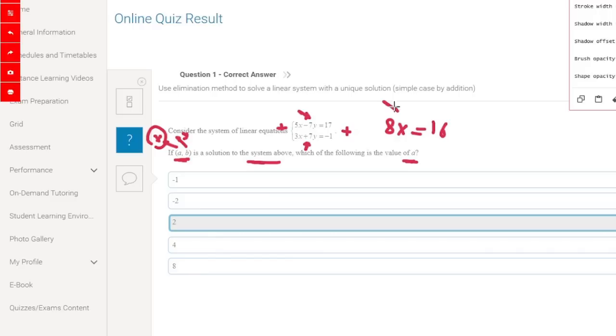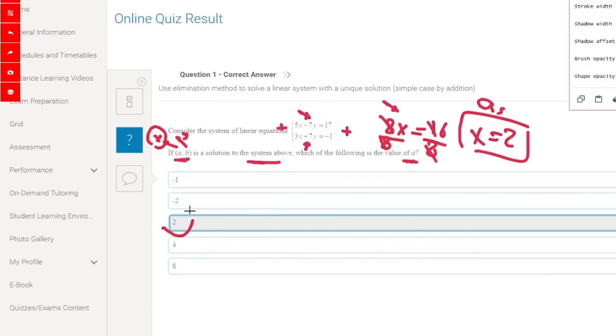So from here we can get x. If we divide by 8, we get that x is equal to 2. And x is a, so a is equal to 2. Okay.